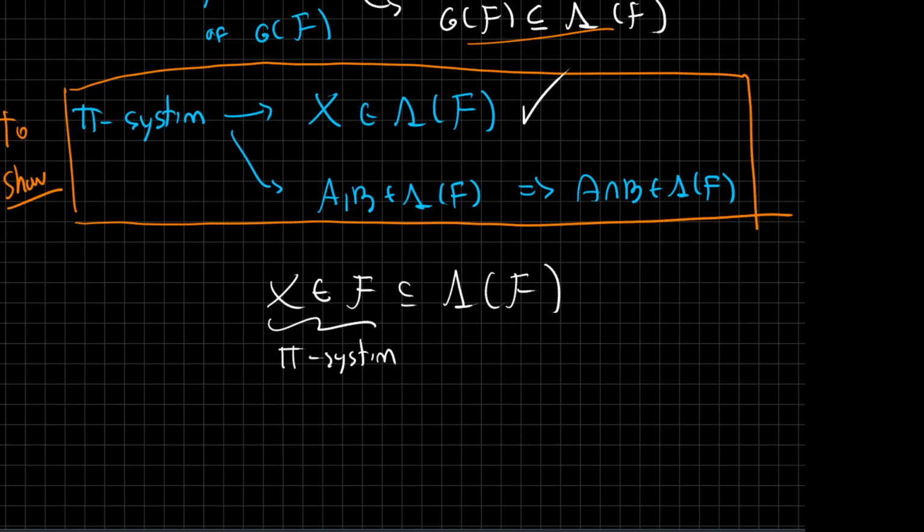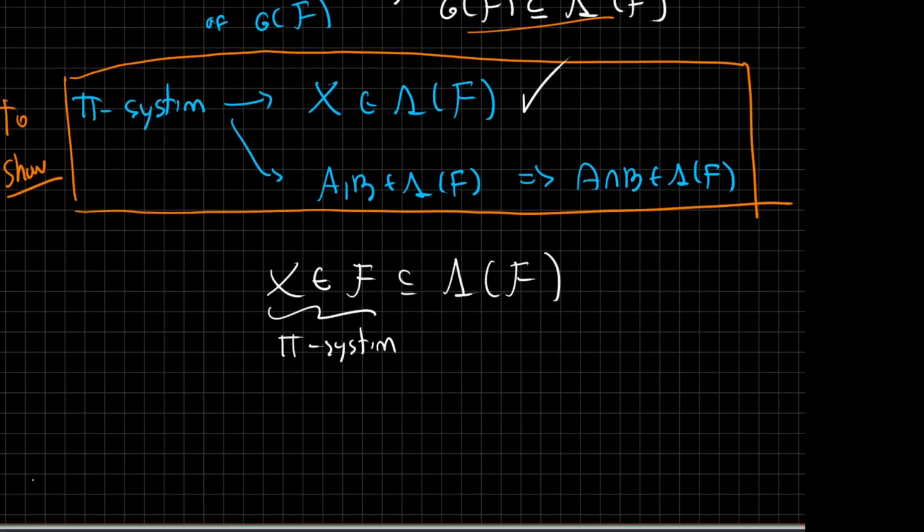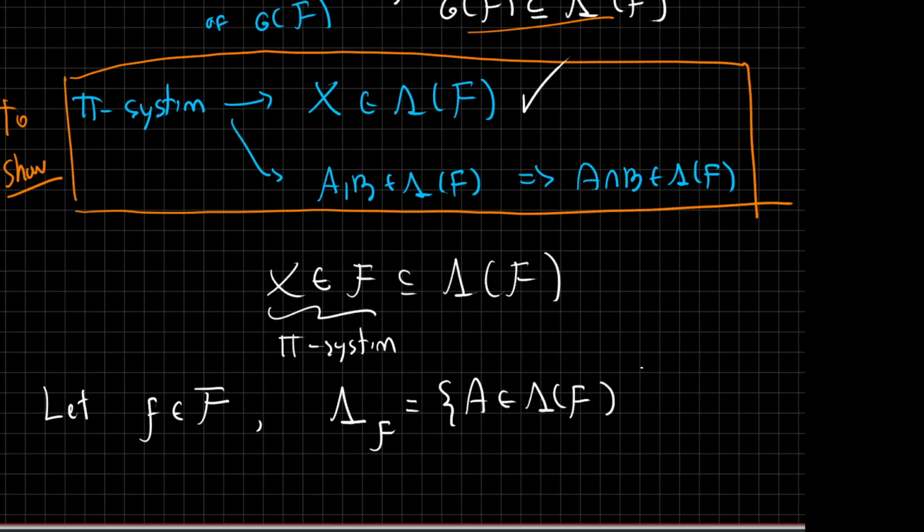We will do this step by step, and the first step will be to define the following set. Let's fix first some F inside this family, and then define the set lambda F as every element A inside the generated lambda system such that the intersection of A with F is inside the lambda system.